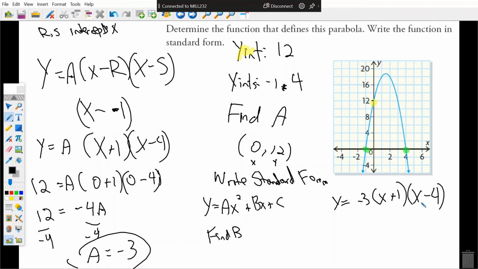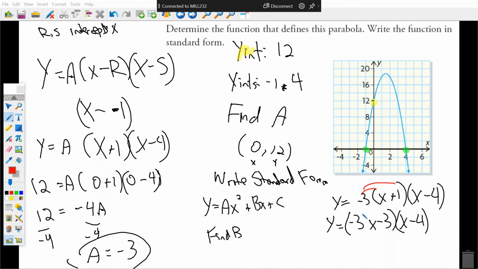So now we've got it in factored form, but the question wants it in standard form. So we have to multiply this together. So if I distribute the negative 3 in here, I'll get y equals negative 3x minus 3 times x minus 4.